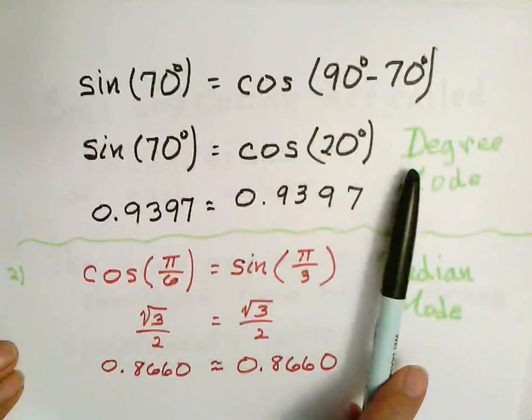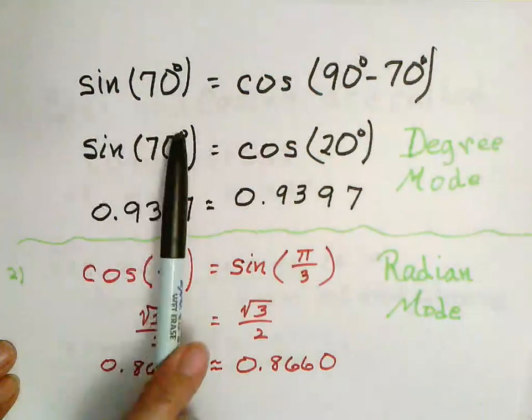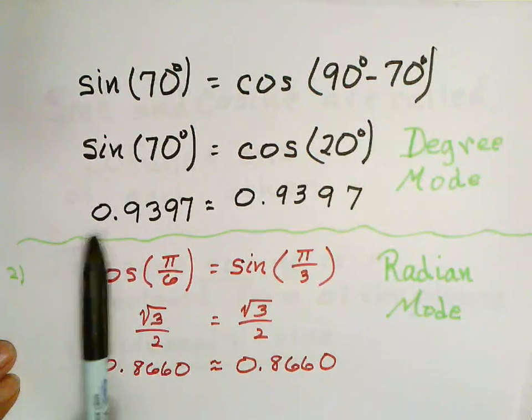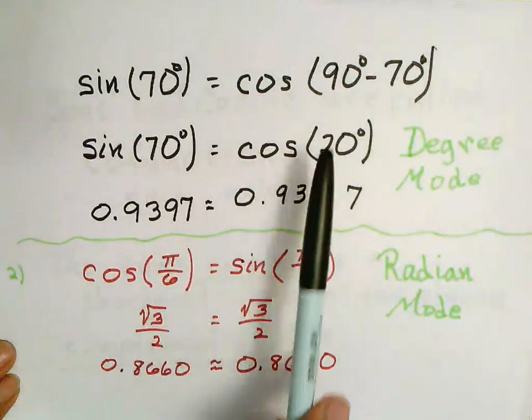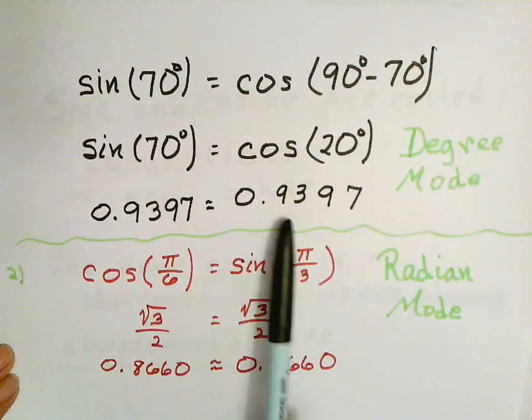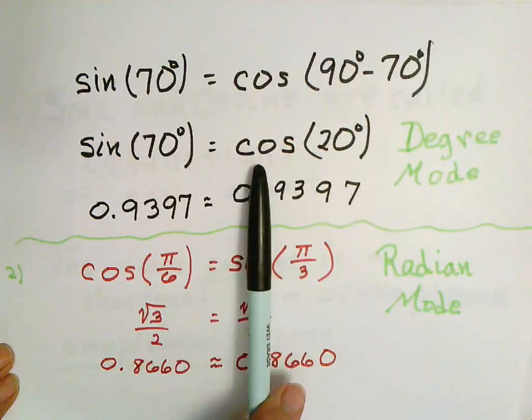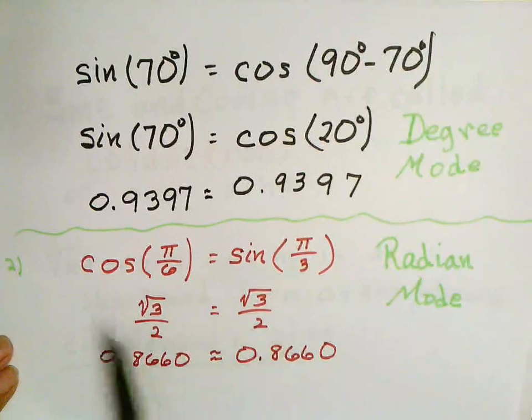If you use your graphing calculator in degree mode, then sine of 70 degrees is approximately 0.9397, and cosine of 20 degrees is approximately 0.9397. So the sine and the cofunction of its complement are equal.